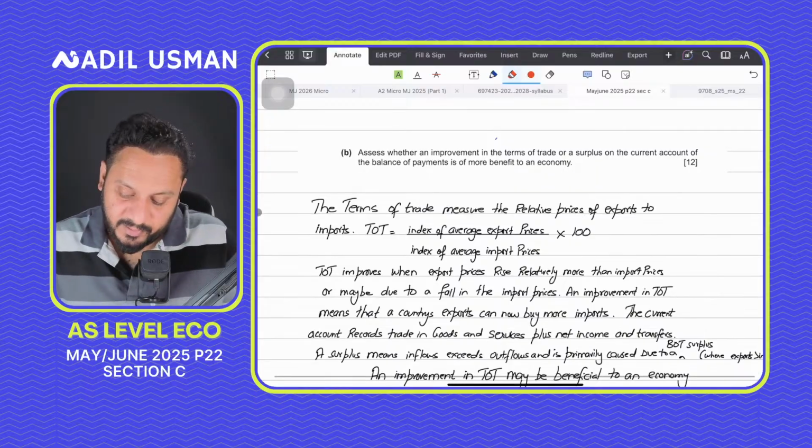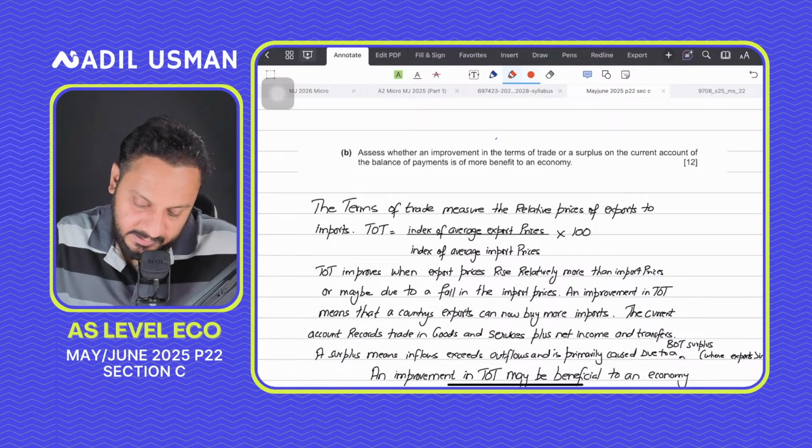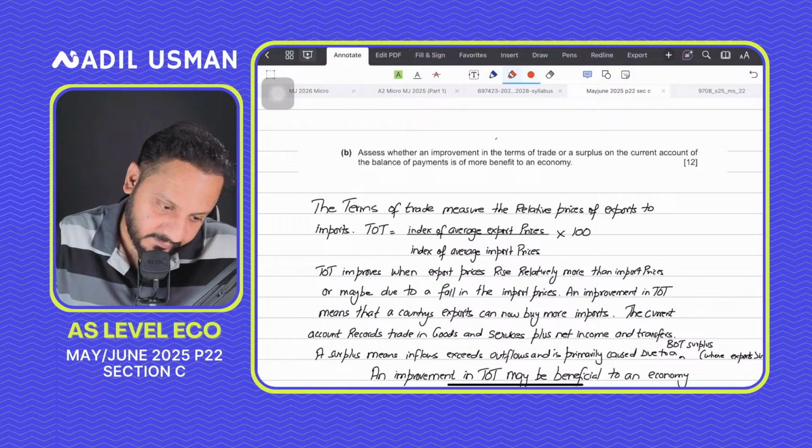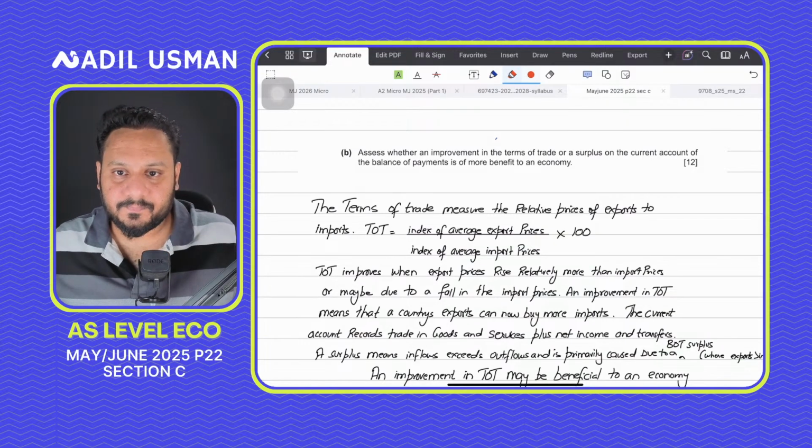Assess whether improvements in terms of trade or a surplus in the current account of the balance of payments is more beneficial to an economy. So what do you think would be the evaluation here? What is the right way to evaluate this answer?